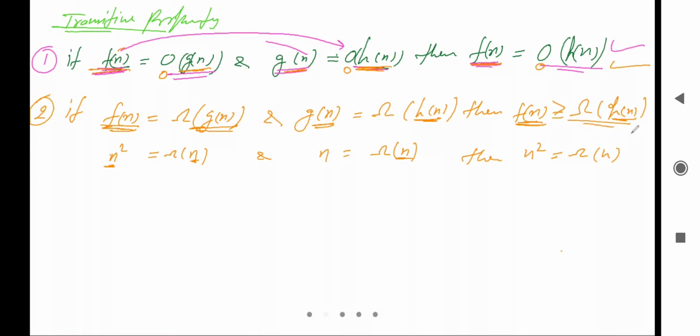It means omega is closed under the transitive property, ठीक है, और omega that is holding the transitive property.